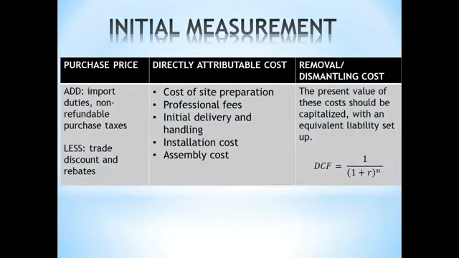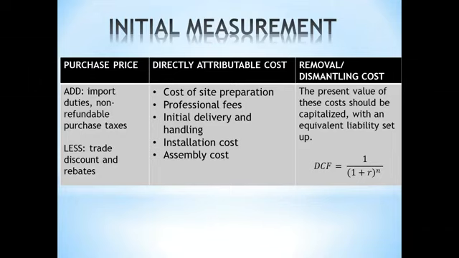Now let's start with the purchase price. We are basically talking about the price at which you acquire that particular PPE item. In adjusting for the purchase price, you need to add import duty. That is in the case where you imported a particular item of PPE into the country. You have to add the import duty to the purchase price, or any non-refundable purchase tax as well.